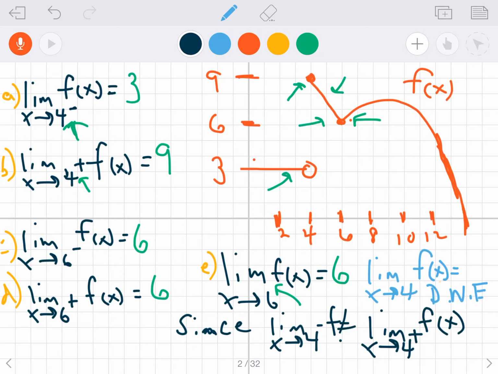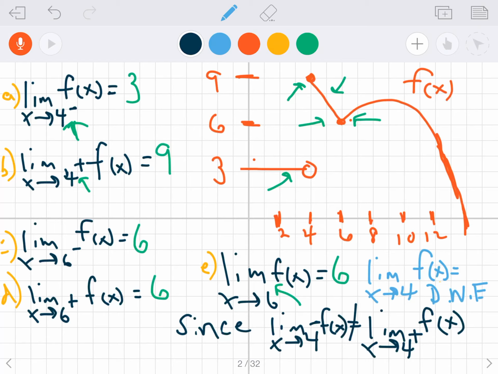And that's how you answer this question. You make sure that you justify your answer by re-looking at the directions from the left and the right.